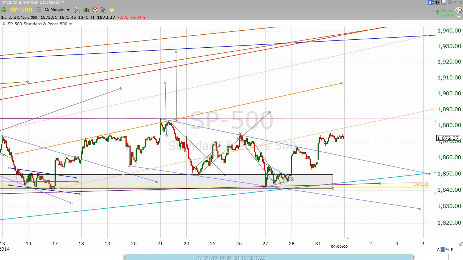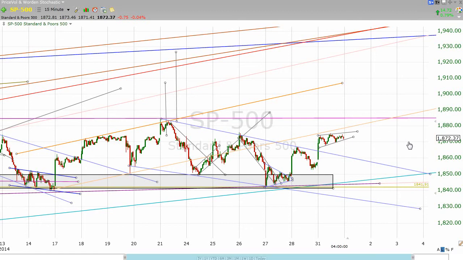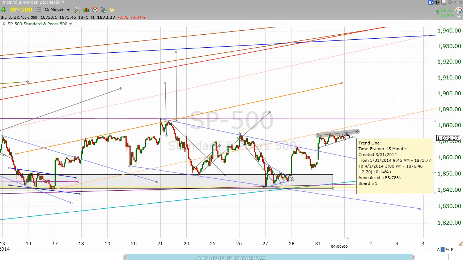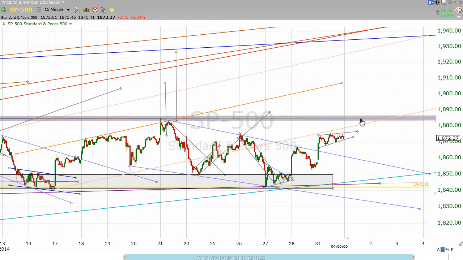So, the question is, are we forming a little bull flag? And if we are, we could be making that move to 1883 very, very quickly. We could jump out of this pattern right here, get up over this weak line of resistance, and get on up there.